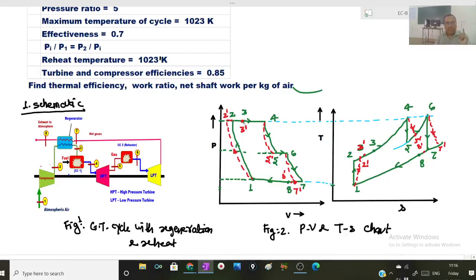But if effectiveness is less than 1, the actual increase in the temperature of compressed air will be T3 dash. It will always be lesser than T3, and T8 dash will be more than T8 if effectiveness of regenerator is less than 1. And corresponding processes are shown on the TS chart as well. This is regeneration with reheat.